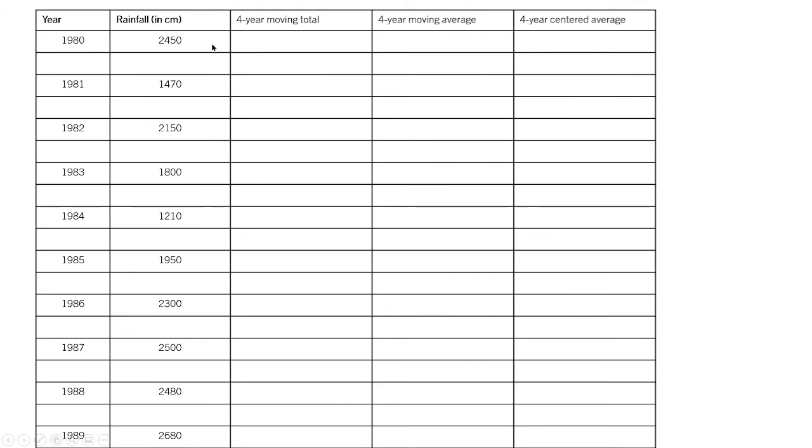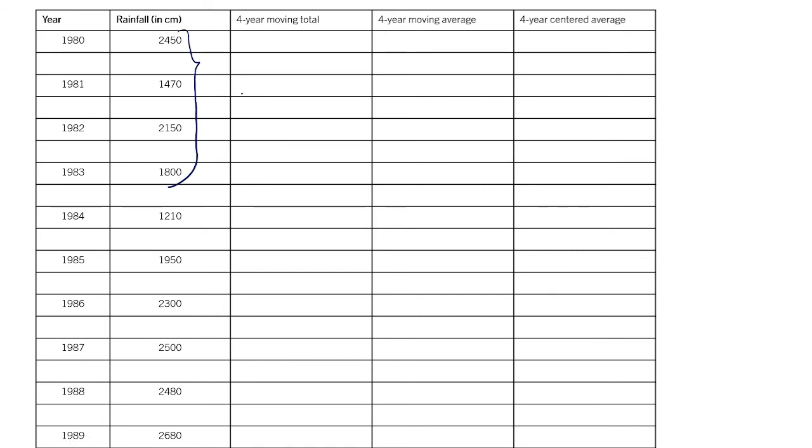Now, first we will calculate 4-year moving total. For the 4-year moving total, we have to add all these 4 and write it in the middle. In 3-year moving total, we had the values for 3 years and we wrote the 3-year moving total in the middle. So here we are having 4-year moving total. So let us write the 4-year moving total of 1980, 81, 82, 83 in between 1981 and 1982.